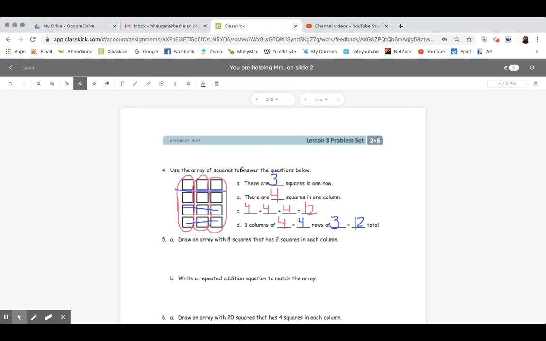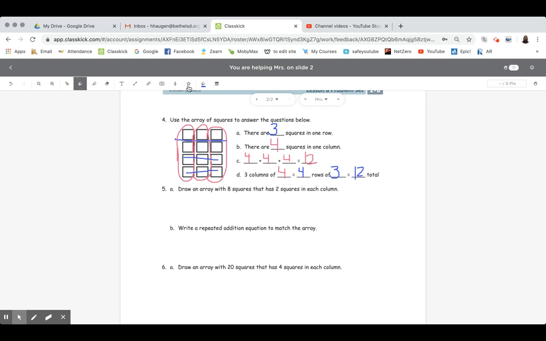So those of you kiddos who like multiplication know that this is how we will write this. If I say 3 columns of 4 equals 12, or I could say 4 rows of 3 equals 12. Again, I did not change the total. I just rearranged how I was looking at the squares.